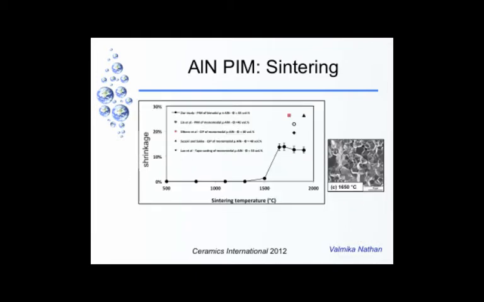Some of that has appeared this year in Ceramics International, and this is what it looks like as a fully dense material at 1650 degrees centigrade. And for that type of sintering around 1650, you end up having a shrinkage of about 14% or something like that. This is the literature values. This is our study over here, and these are all the literature values for aluminum nitride.